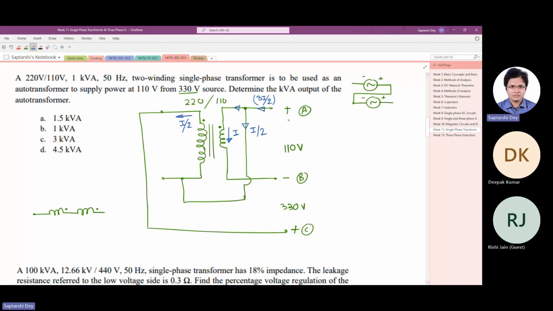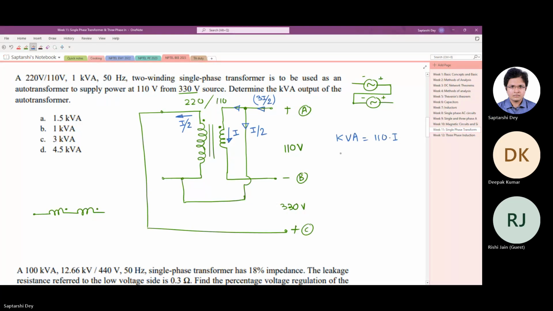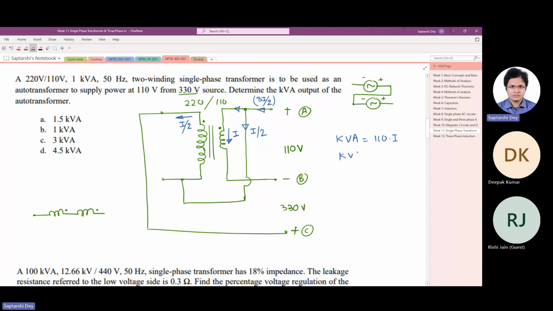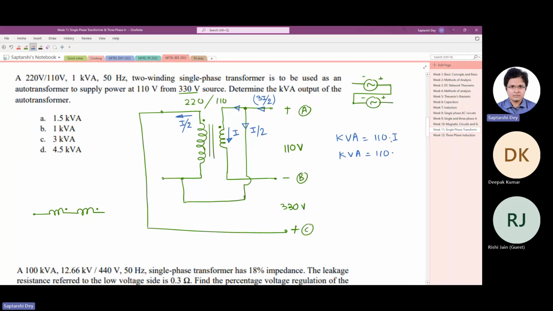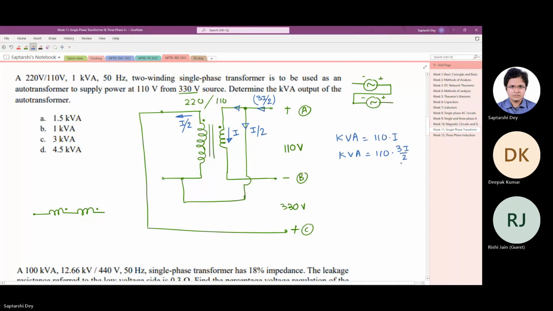Previously the transformer, as a single phase transformer, had a kVA rating of 110 times I. Now at the terminal we can see that the transformer can draw 110 times 3I by 2. So definitely the kVA has now become 1.5 times. So this will be the answer.